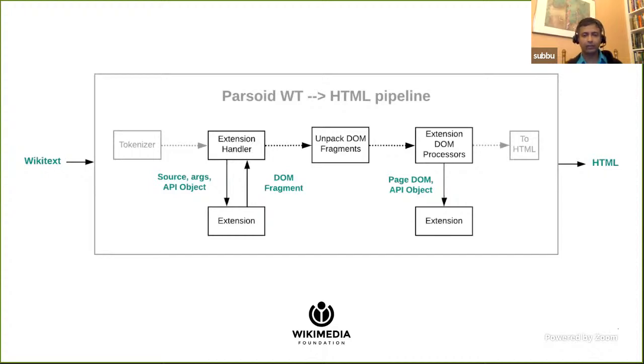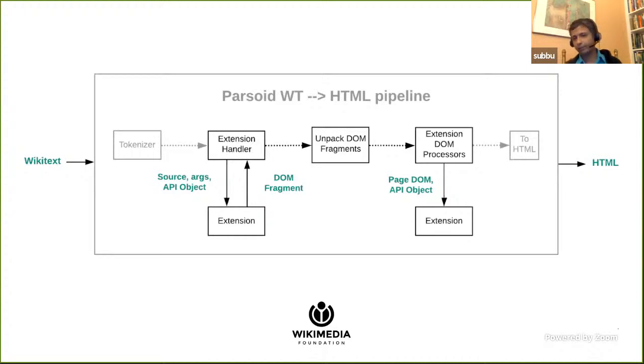This is one of the changes that I mentioned earlier. This DOM fragment then goes through the pipeline, and at some point, it's unpacked. When I say unpacked, the DOM fragment is basically tunneled from the point that you return it until this pipeline stage. It does not get modified. At this point in the pipeline, it's expanded into the full page DOM, and wherever an extension tag existed, your DOM is put in place.